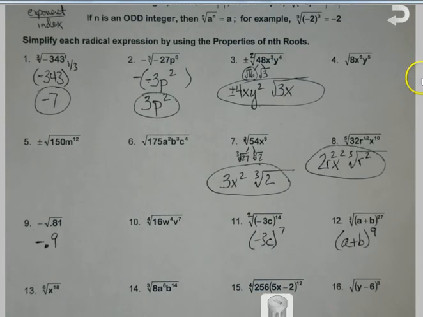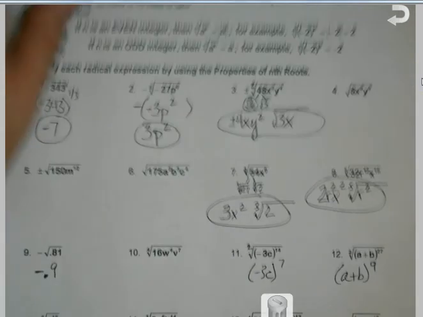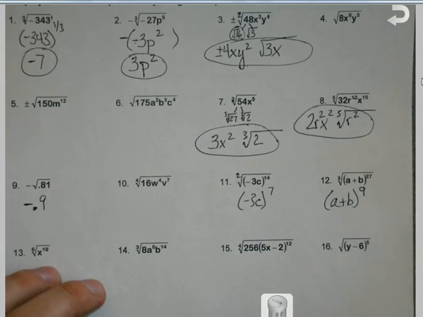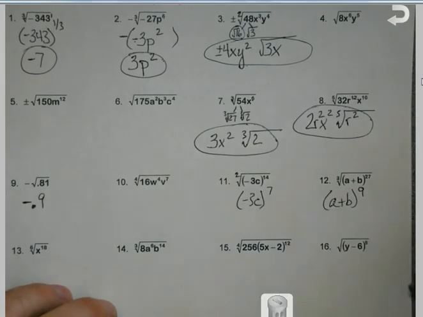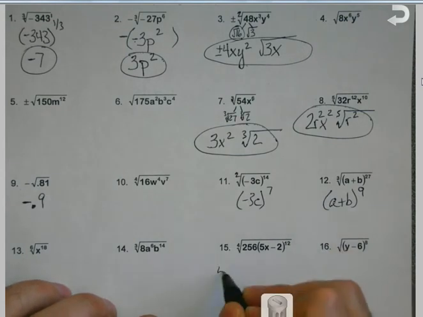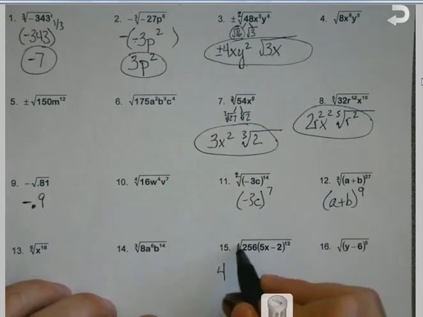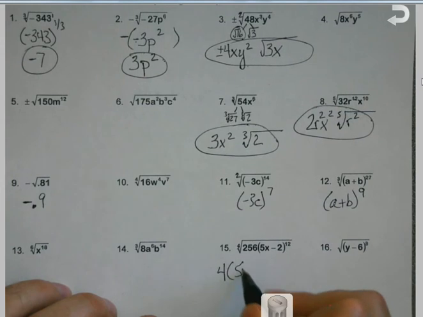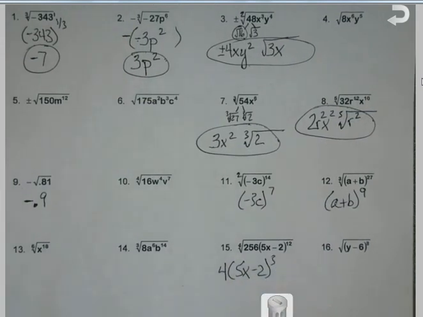But again, as you keep doing these, just keep the rules the same. The 256 actually is just going to be 4 to the 4th power. But then again, 4 goes into 12. The part that seems like it would be hard isn't bad. Don't make it as such.